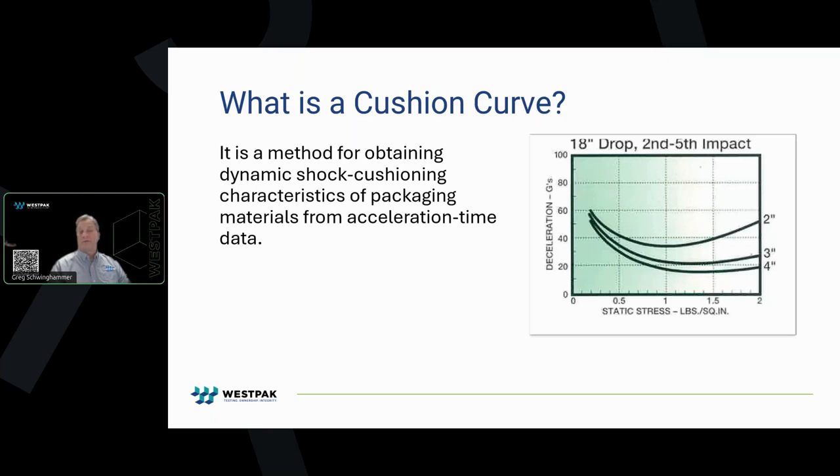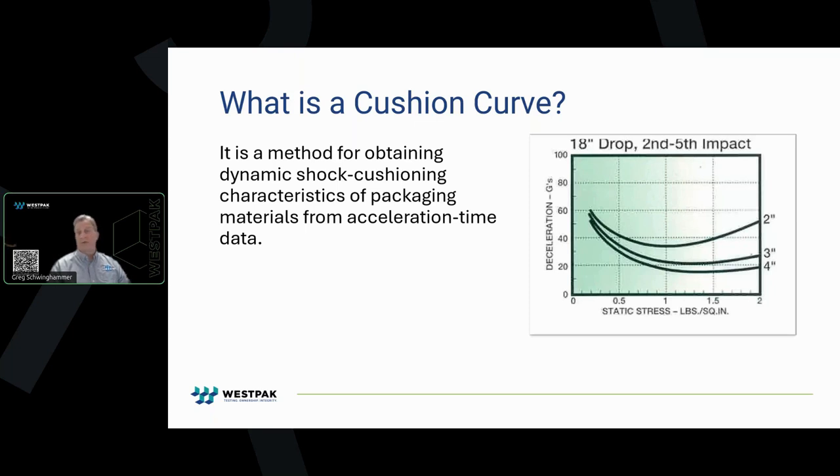If the product engineers have done their damage boundary test, like we talked about previously, they will have the critical acceleration for the product and be able to use that information in conjunction with the cushion curves, which allow them to choose the optimal material and thickness to best protect the product using the least amount of material. This cushion curve is for an 18-inch drop for, I think, a 2-pound polyethylene foam, for 2-inch thick, 3-inch thick, and 4-inch thick.